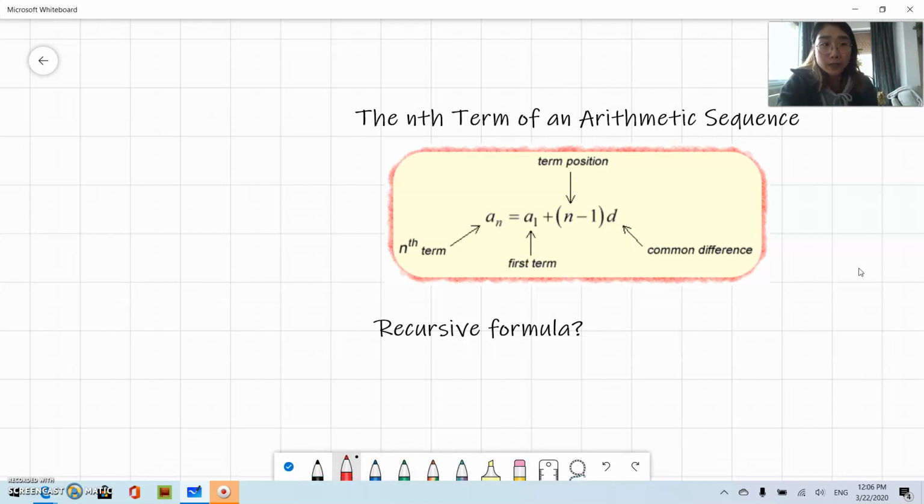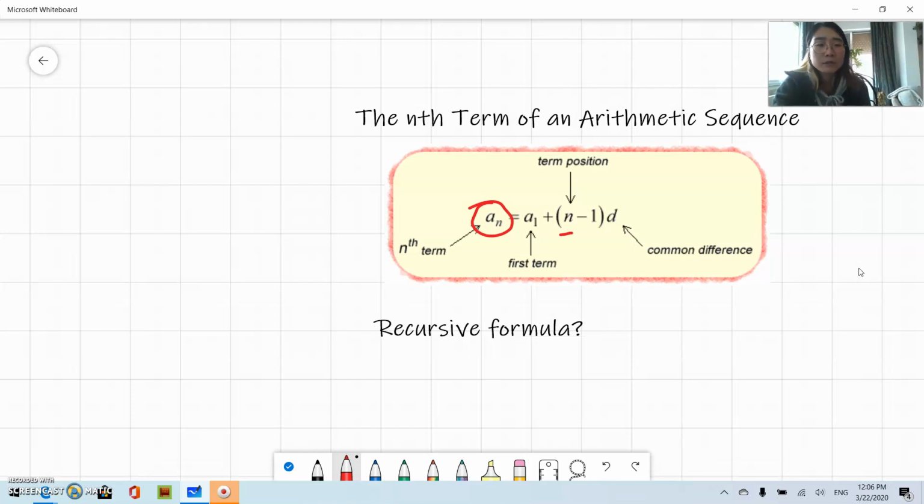So it only works if you have a common difference, okay? All right, certain variables you need to recognize. A of n is the nth term, right? And then a of 1 means the first term. And n, I had a hard time defining yesterday, but I guess one way to define it is the term position. And D stands for common difference, okay?